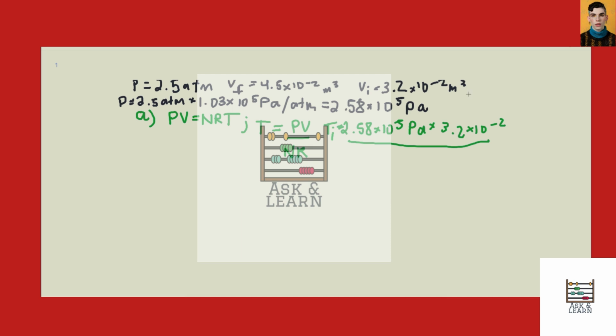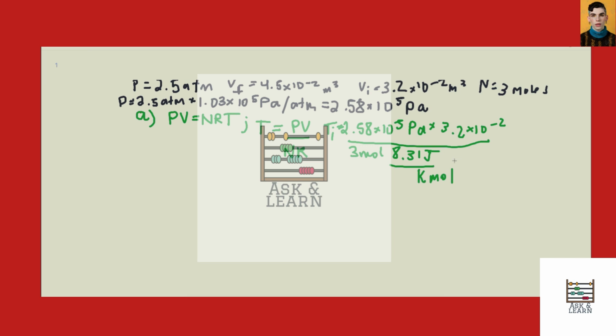Oh, I don't think I recorded that up here. Let me go ahead and do that. So there's 3 moles. n equals 3 moles. And R is 8.31. Let's see, what are the units of that? I think it's joules per Kelvin mole. Yeah, that works out.